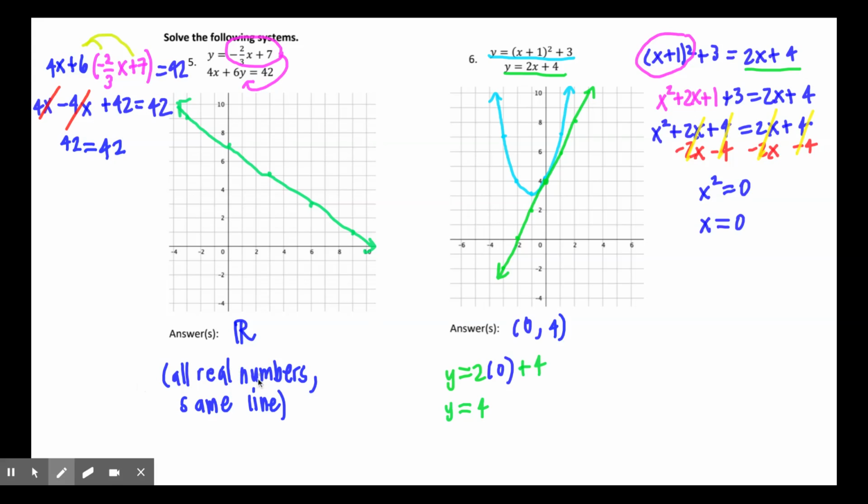So there you go. And there you can see there's your point of intersection at (0, 4). Just box these answers. Okay, next problem.